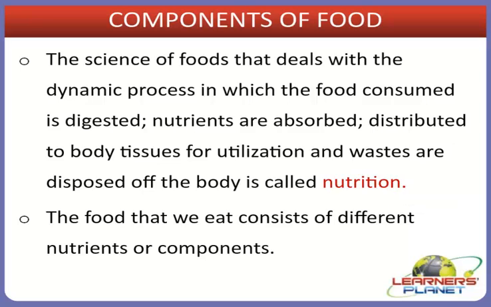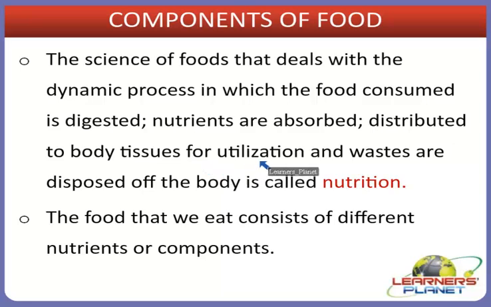What is actually nutrition, students? It is a science of foods that deals with the dynamic process in which the food consumed by human beings or any other living being is digested, then absorbed, then the nutrients are distributed to body tissues, meaning the various organs of our body, for utilization.